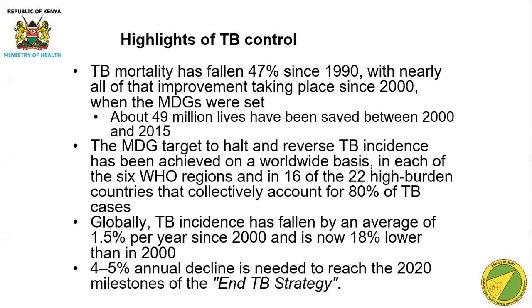The Millennium Development Goal targeted to halt and reverse TB incidence has been achieved on a worldwide basis in each of the 6 WHO regions, including the Afro region, and in 16 of the 22 high-burden countries that collectively account for 80% of TB cases. Globally, TB incidence has fallen by an average of 1.5% per year since 2000, and is now 18% lower than in 2000.